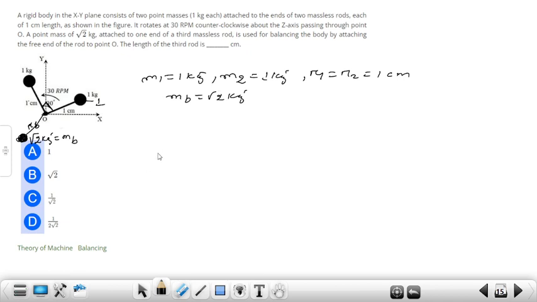So from the balancing equation, MB RB square is equal to M1 R1 square plus M2 R2 square.